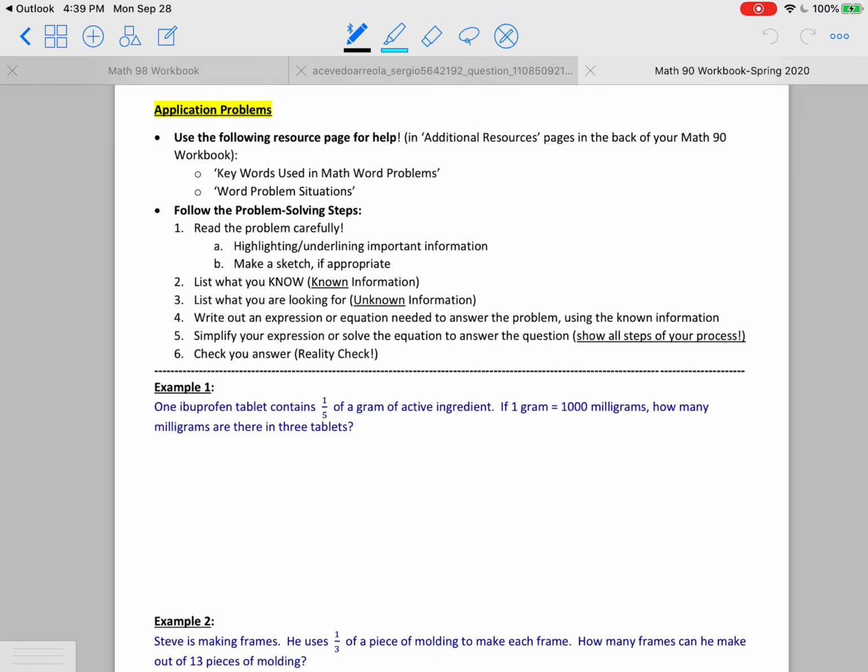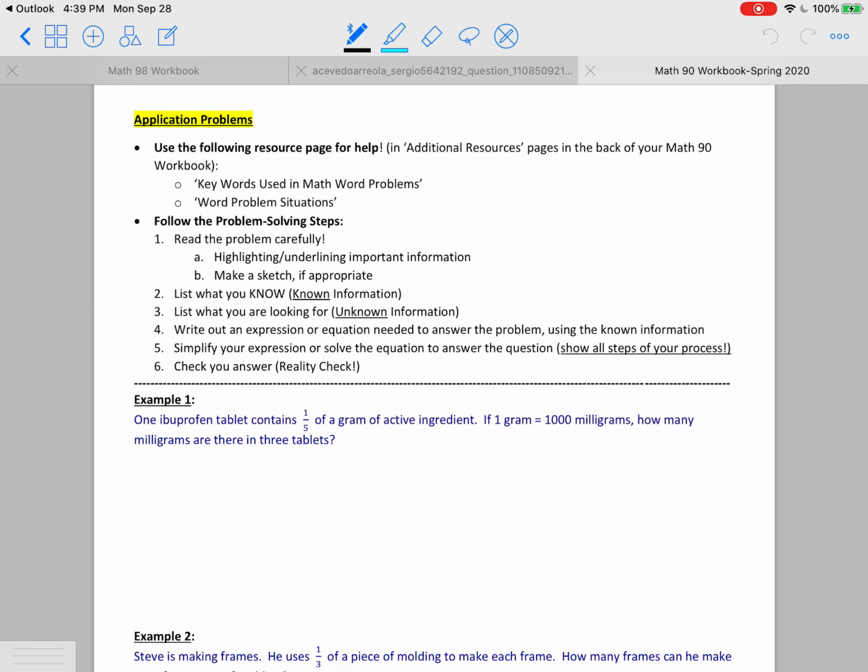All right, moving on. Let's talk now about application problems. So your application problems that you guys will be dealing with, at least for the fraction unit, can be tricky. Sometimes I find that multiplication and division application problems are a little trickier and a little harder to figure out than even addition and subtraction.